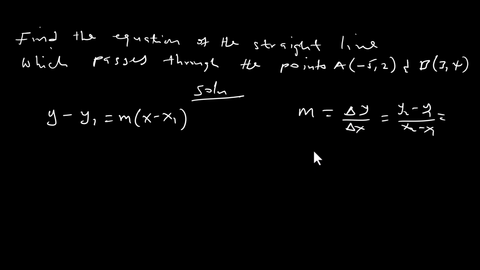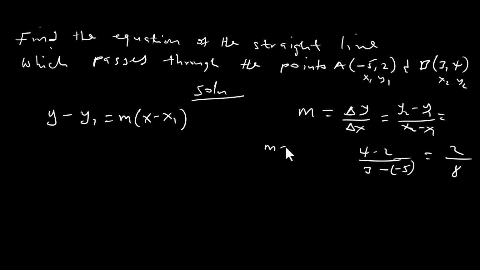We have x1 y1, x2 y2. So we have 4 minus 2 on 3 minus 5. So we have 2 on 8, which is 1 on 4. So my m is 1 on 4.